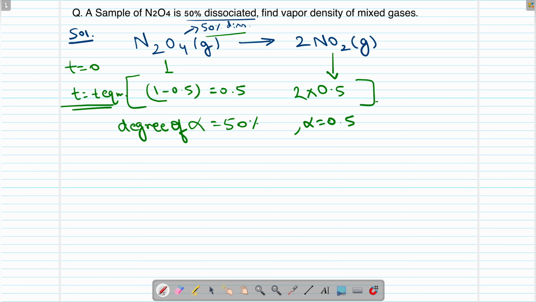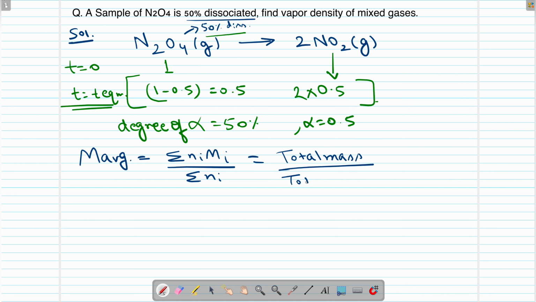So we have to find out the vapor density of mixed gas. Basically at equilibrium we are having two gases, N2O4 as well as NO2. So we'll write the formula for molar mass average, which is sigma moles multiplied by molar mass divided by summation of moles. So total mass divided by total moles. We'll simply apply this formula and we'll get the value of M average, and from M average we'll get the vapor density.